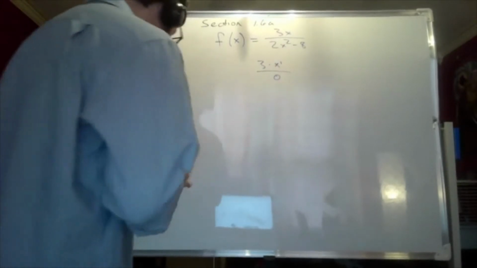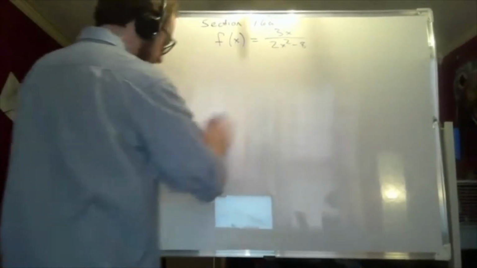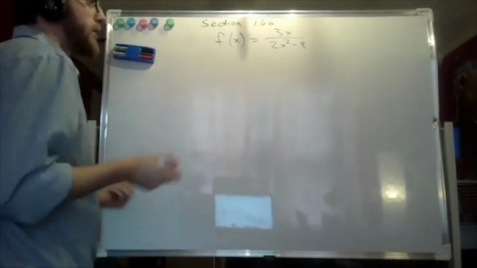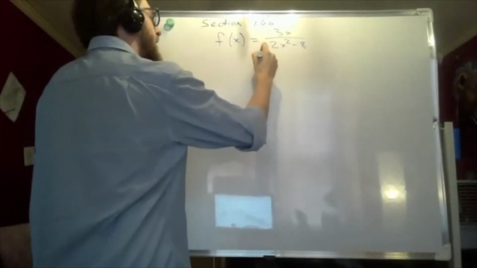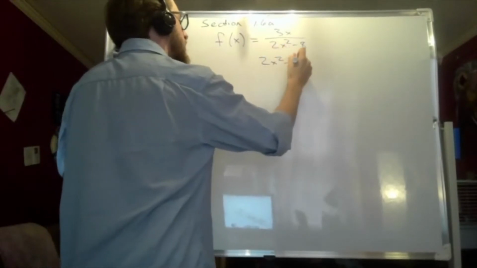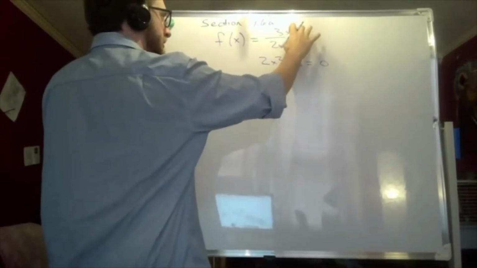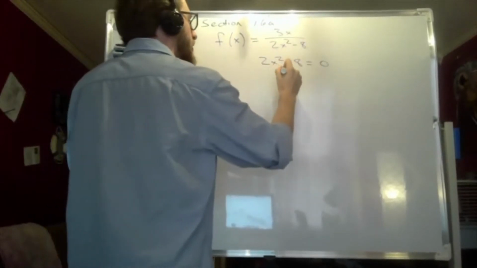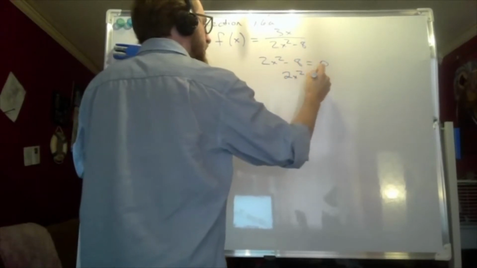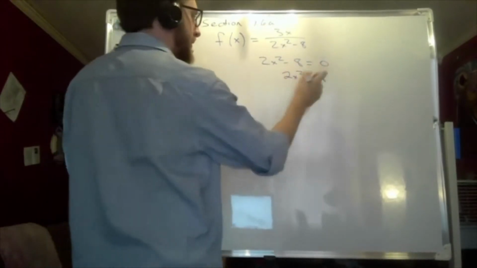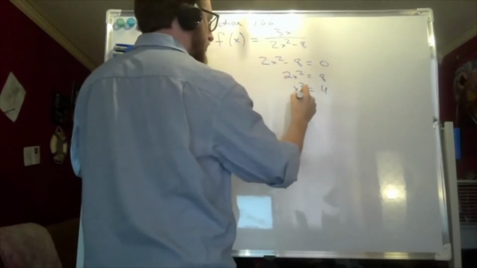Now, in order to do that, we need to find out, where does this happen? We want to know where these, I like to call them problem children. If we can find where 2x squared minus 8 is equal to 0, we'll be able to find the problem children for this equation here. So we set this equal to 0, and we've got 2x squared is equal to 8, divide by 2, and then take the square root.